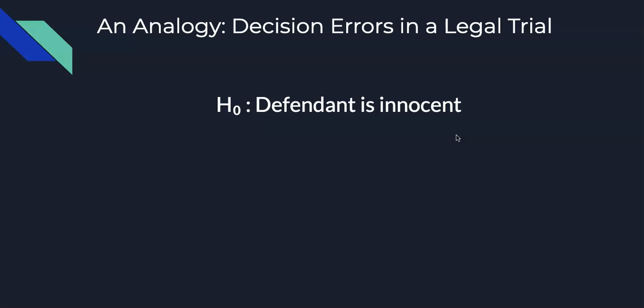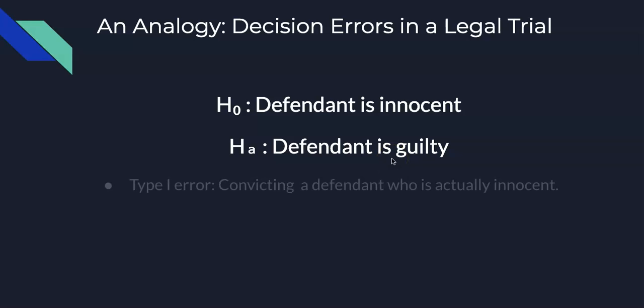All right, so look at another one: decision errors in a legal trial. Say that the null hypothesis, remember, is that the defendant is always innocent. And the alternative is rejecting that he's innocent and believing that he is guilty. And it's somebody's job to do that, right? A type 1 error happens when we convict a defendant who is actually innocent. Oh, that would be bad.